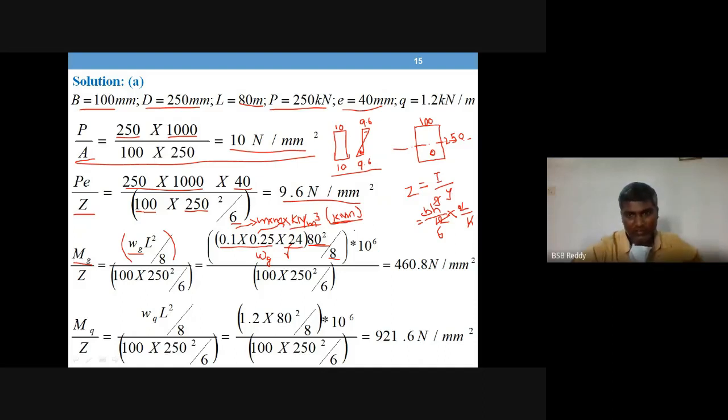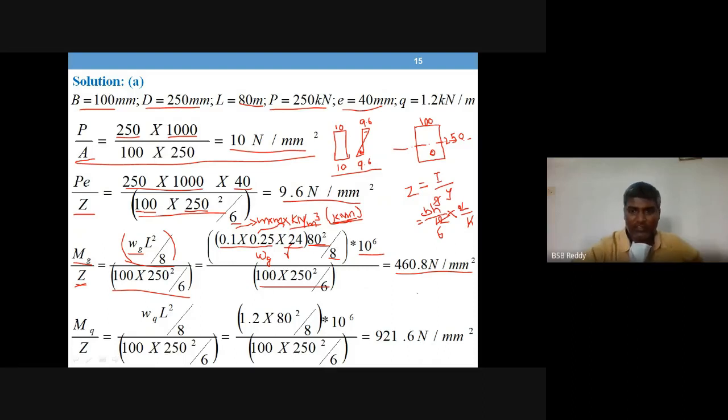Kilonewtons converted to Newtons, 10 cube, meters converted to mm, 10 cube, so 10 power 6. This is the numerator value WL square by 8 with unit conversions. The denominator as usual is the same Z value, bh square by 6. That comes around 460.8 megapascal. This is the calculation for bending stress from dead load.